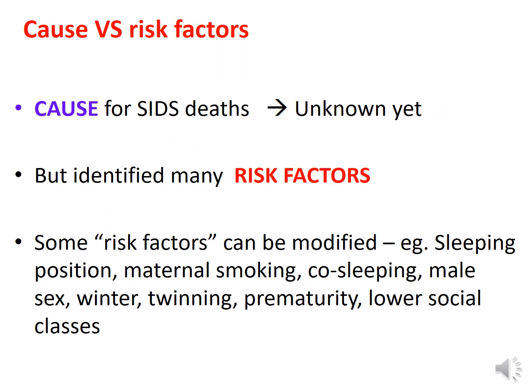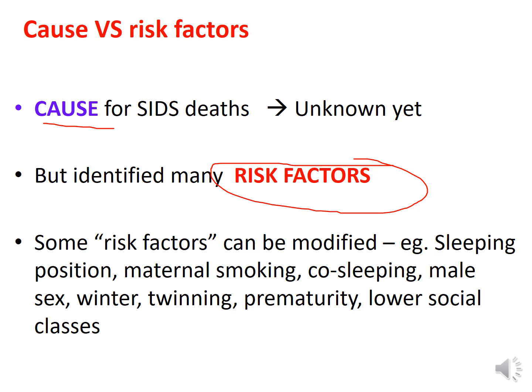It's time to study the cause of SIDS. Importantly, there is no identifiable cause for SIDS. You have to remember it. No cause has yet been identified. Whereas there are many risk factors identified.